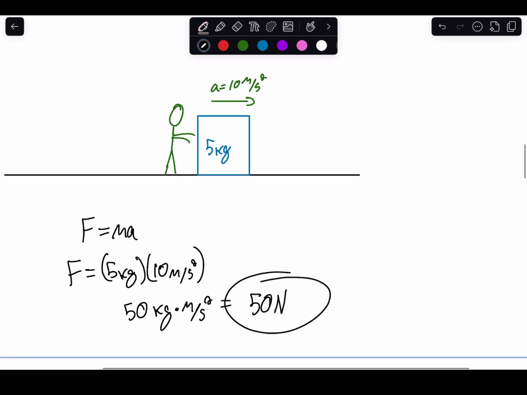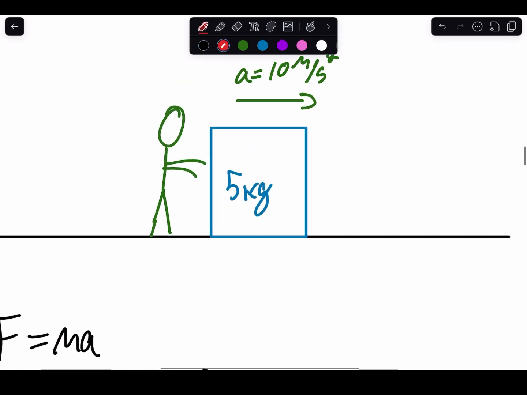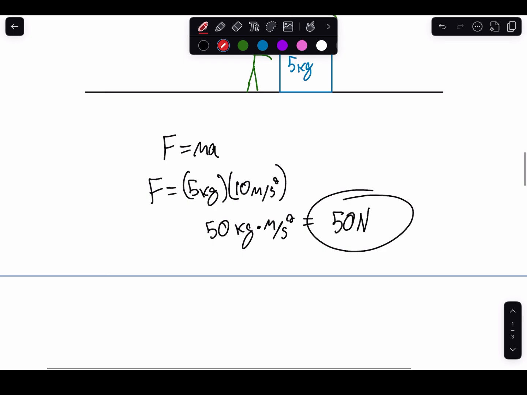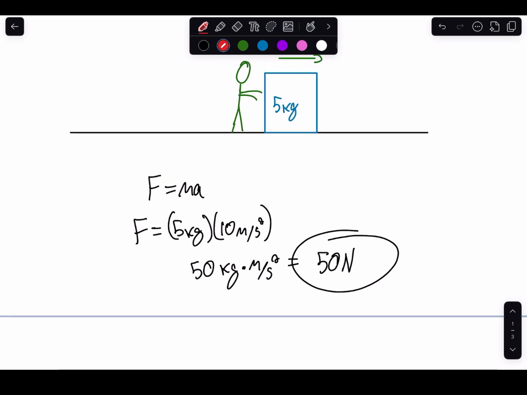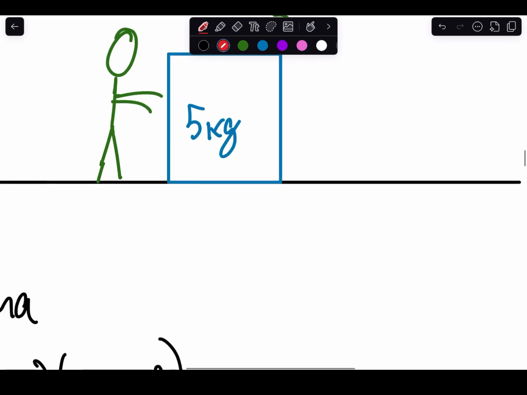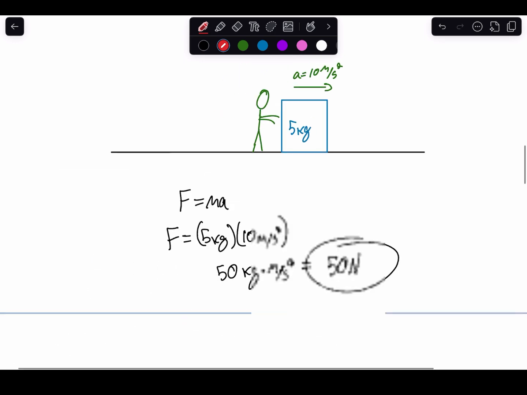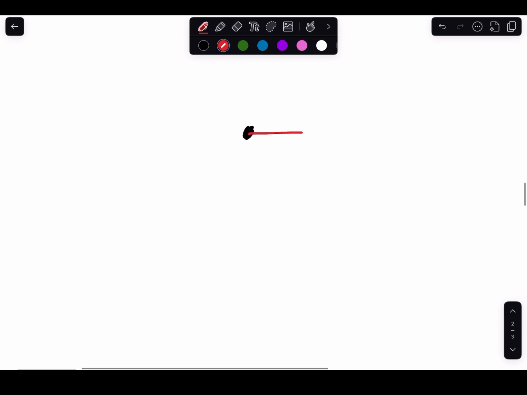So on this box, you have a couple of different forces acting on it. First of all, we have the one that we already highlighted, right? We did the problem in the last video, and we said that this guy's pushing this box with a force of 50 newtons. So that's one of the forces.